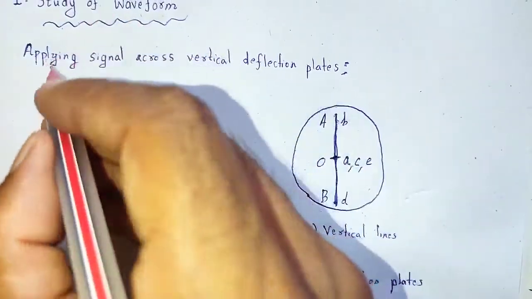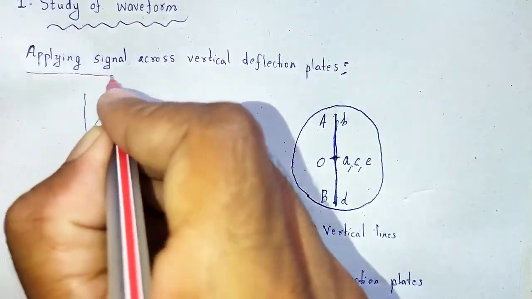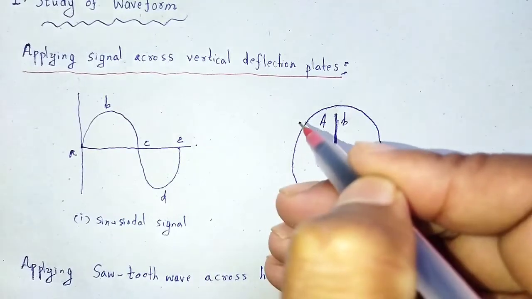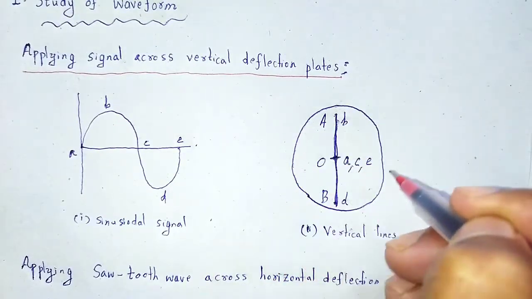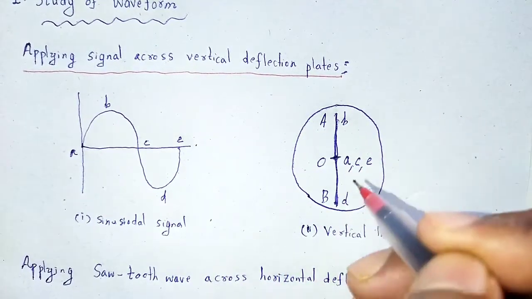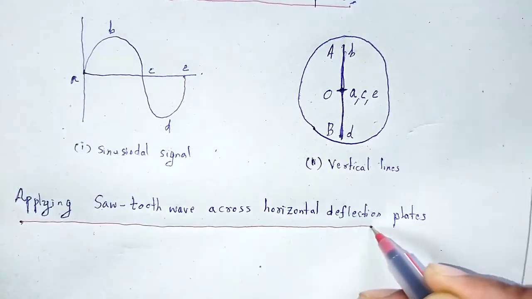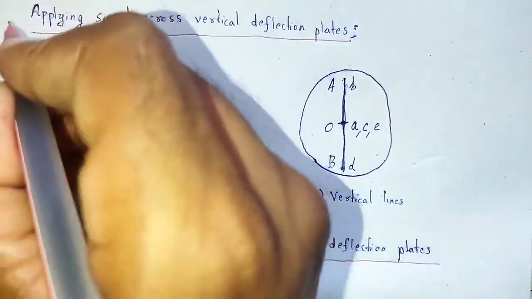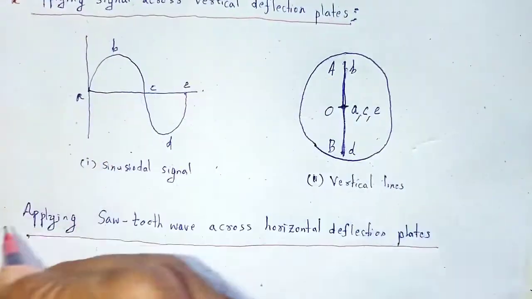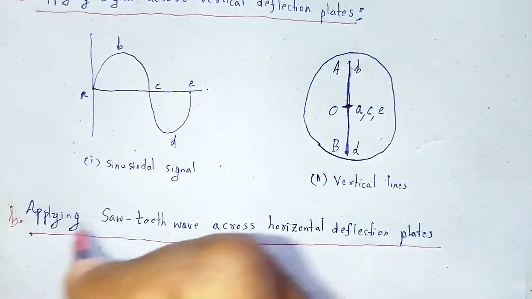First we apply the signal across the vertical deflection plates and observe the vertical line, then apply a sawtooth wave across the horizontal deflection plates. This is step number A, this is step number B.